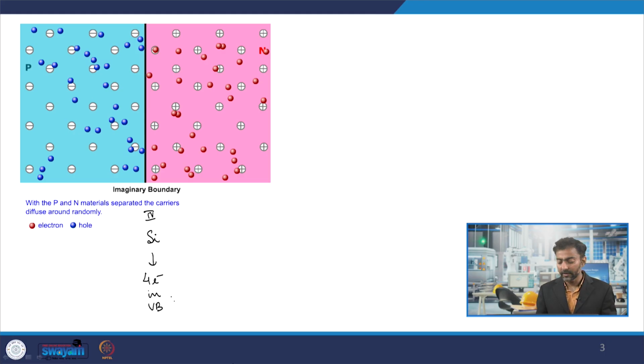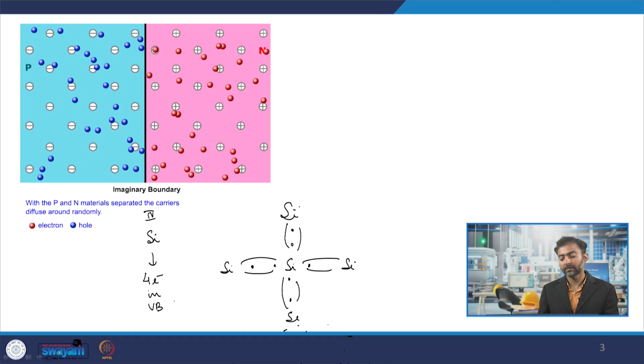Silicon is very stable, and all these 4 electrons are bound up in different bonds with adjoining silicon atoms in the crystal structure. So, every silicon atom has 4 electrons in the valence band, and it is bonded to 4 adjoining silicon atoms with these chemical bonds. All these electrons are engaged, no one is free to conduct electricity.